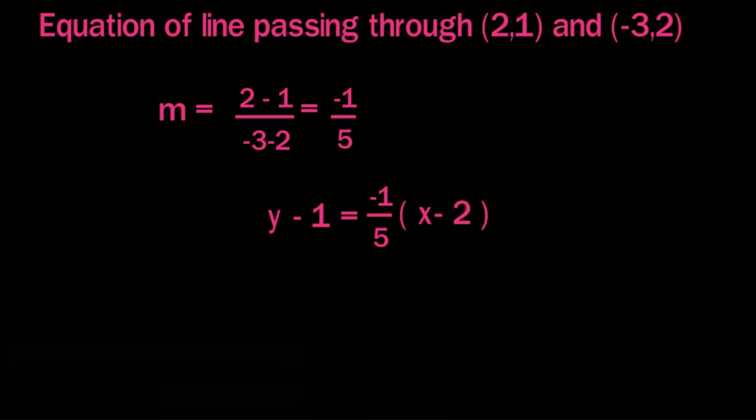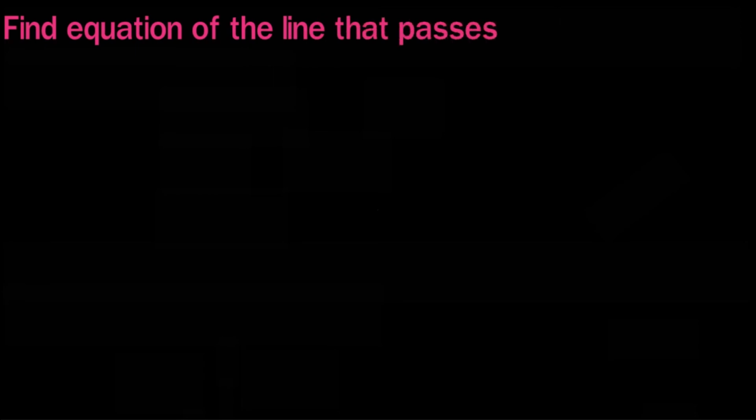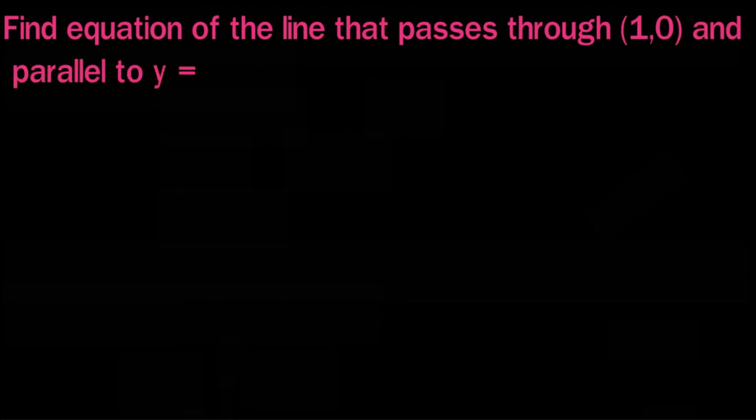Now let's say we want to find the equation of the line that passes through 1, 0 and is parallel to y equal to x plus 2.